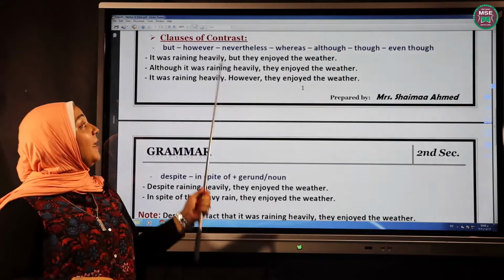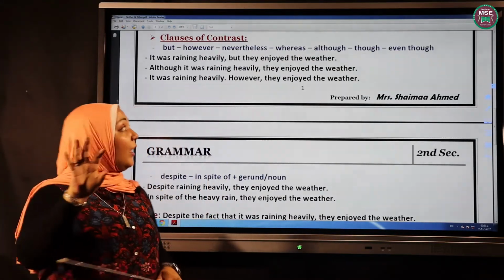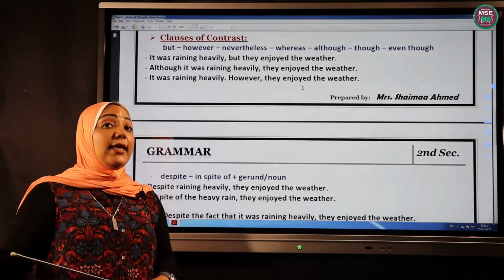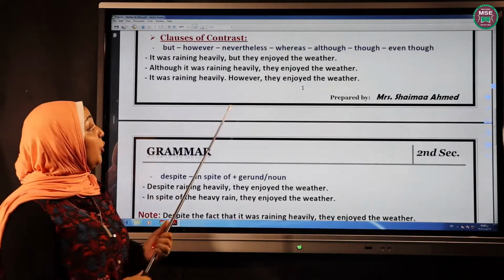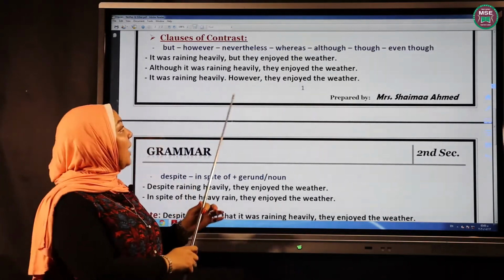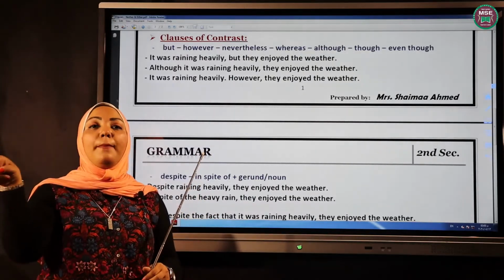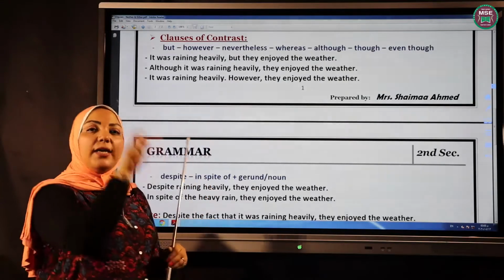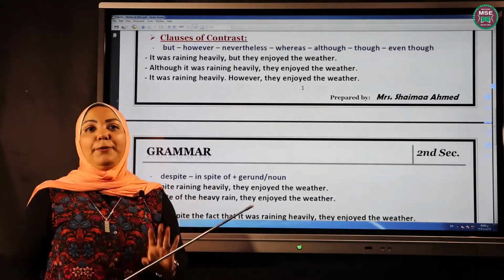As you see here, but and however have the same place in the sentence, but actually the punctuation is very important here because it differs. But is preceded by a comma. However is preceded by a full stop and then followed by a comma, or can be preceded by a semicolon. And in this case, it will be a small h, not a capital one.